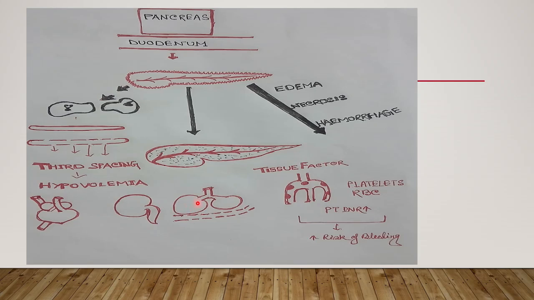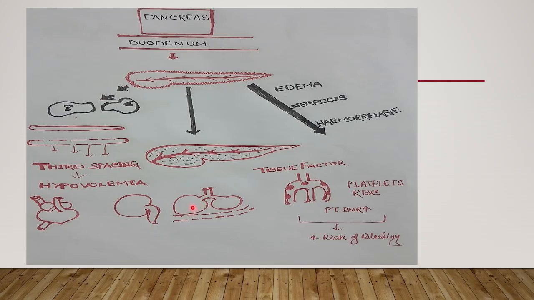What happens if fluid accumulates in the alveoli? Alveolar edema. When alveolar edema is present, gaseous exchange does not happen here. So last of all, ARDS develops, acute respiratory distress syndrome. When ARDS is present here, what happens?